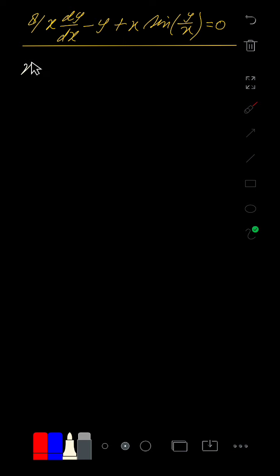Now the eighth sum is x dy upon dx minus y plus x sin y upon x is equal to 0. Keeping x dy upon dx on the left and transposing these two terms to the right-hand side, we have y positive and minus x sin y upon x.